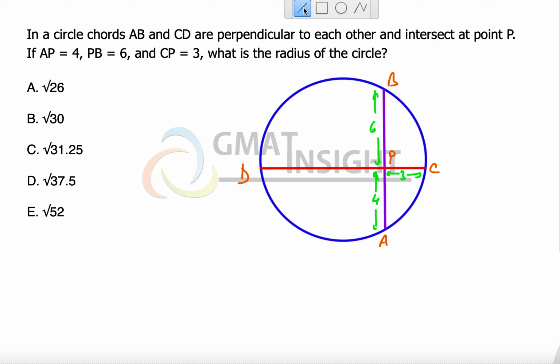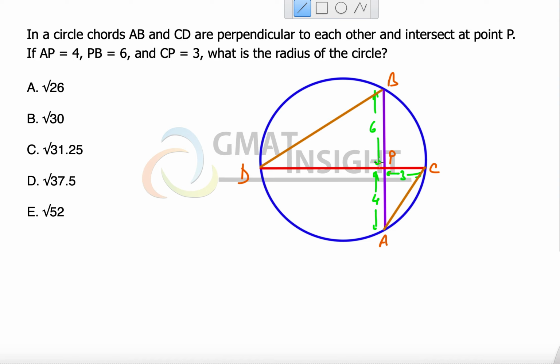So the first step that I'm doing here is I'm going to join the point D with point B, because what I see here is that this angle is 90 degrees and triangle APC will be similar to triangle BDP.